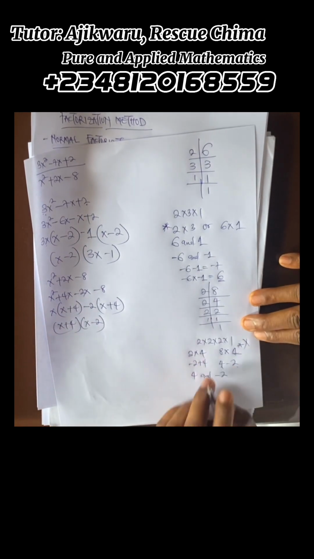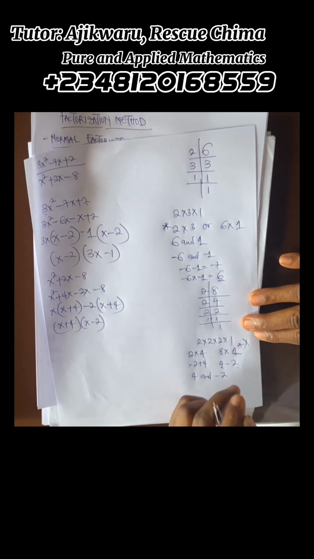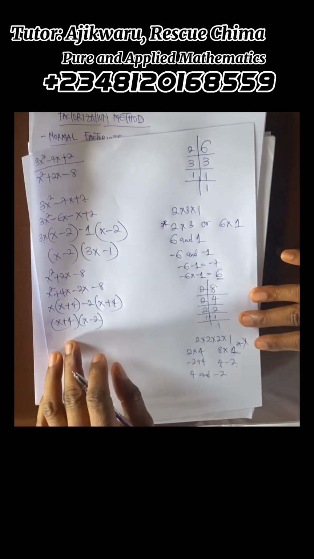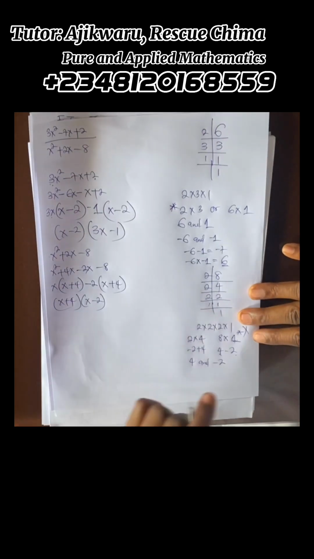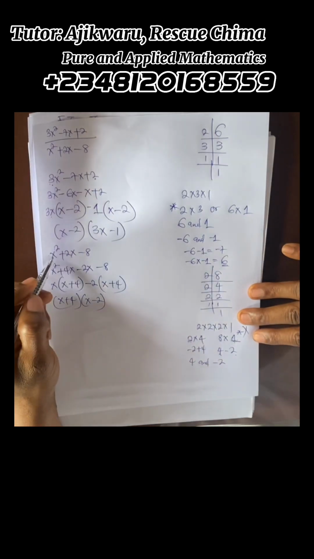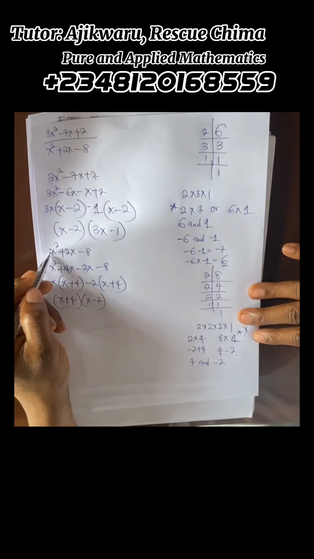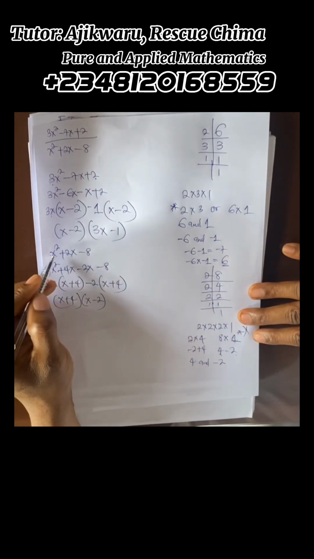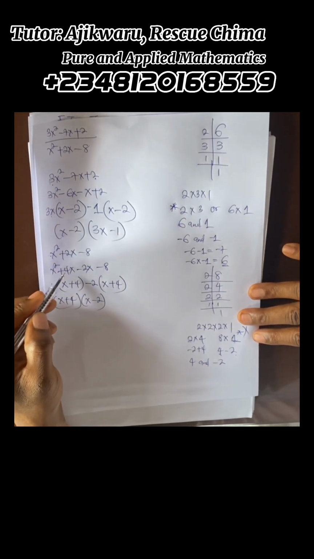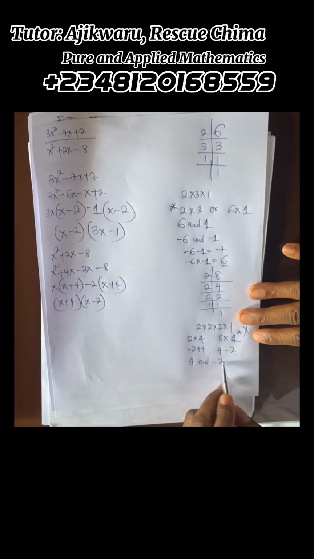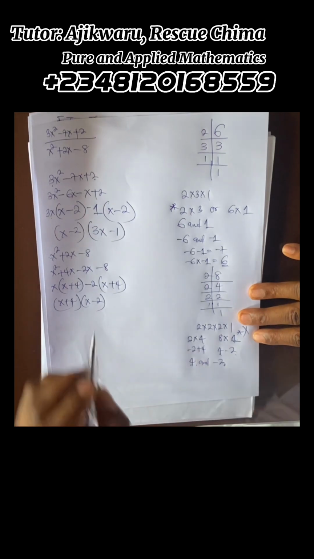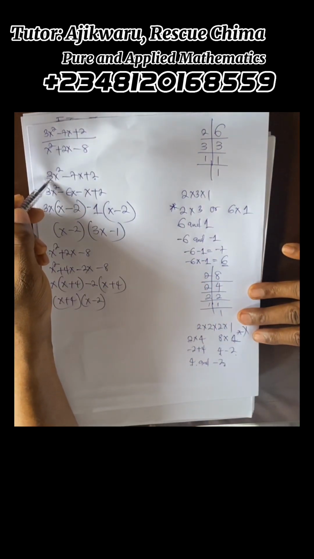And that's the factorization. Now let me give you guys a simple trick on how to factorize this. Whenever you notice that the coefficient of x squared in this expression is 1, there's no point going through this process if you've gotten these two numbers. I'm not talking about this one where the coefficient is 3.